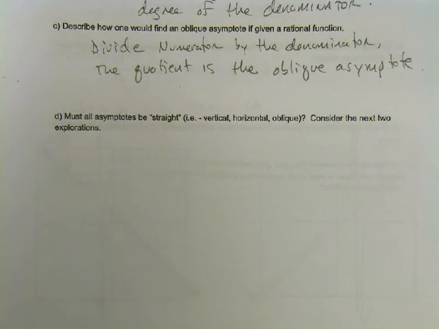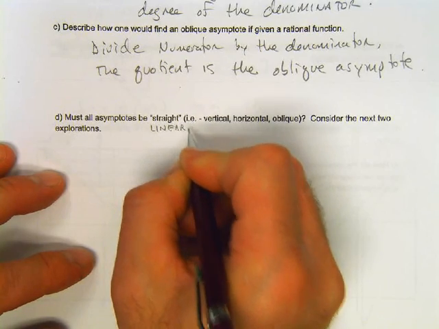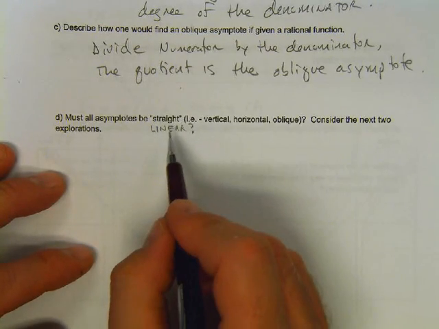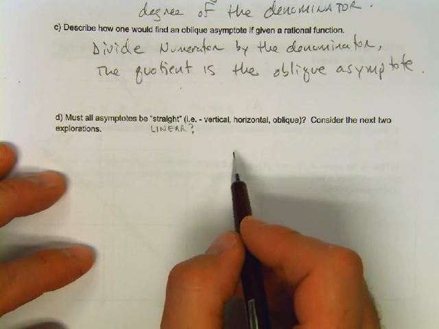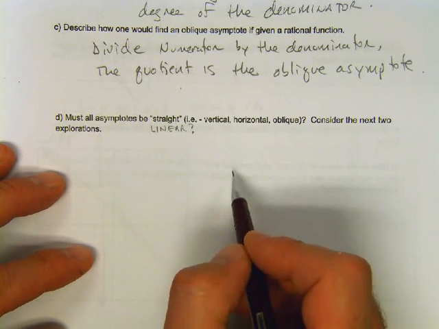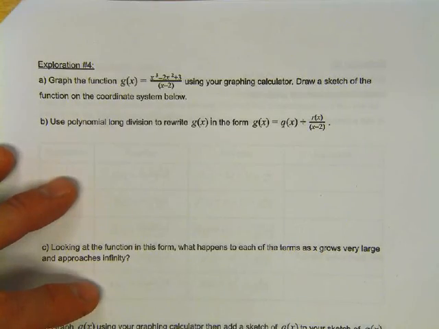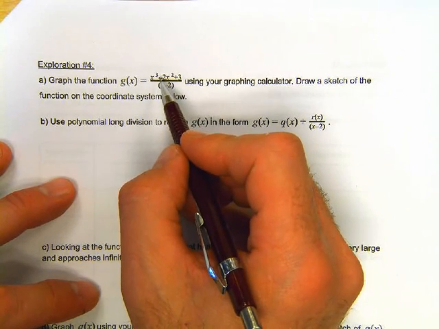Lastly, must all asymptotes be straight or linear? Well, what we said was to get a linear, the degree in the numerator had to be 1 greater than the denominator. Look at the next problem. I know it's very small, but what do you notice?